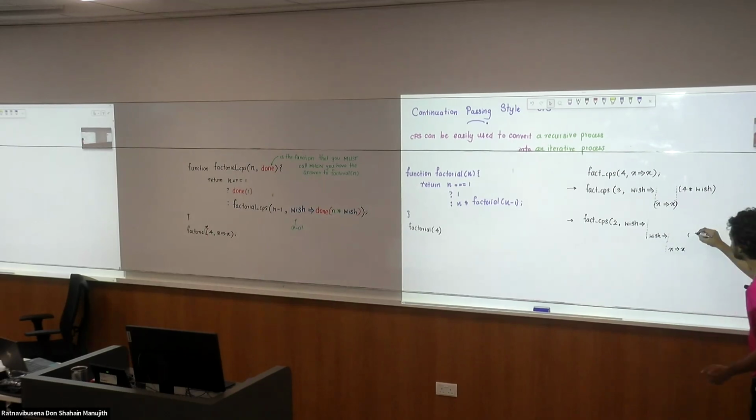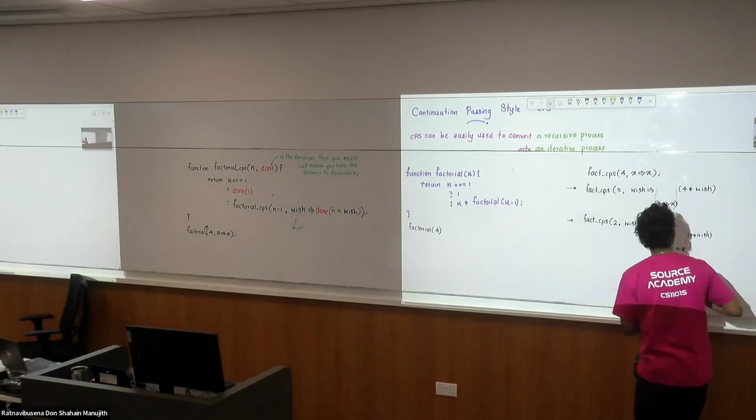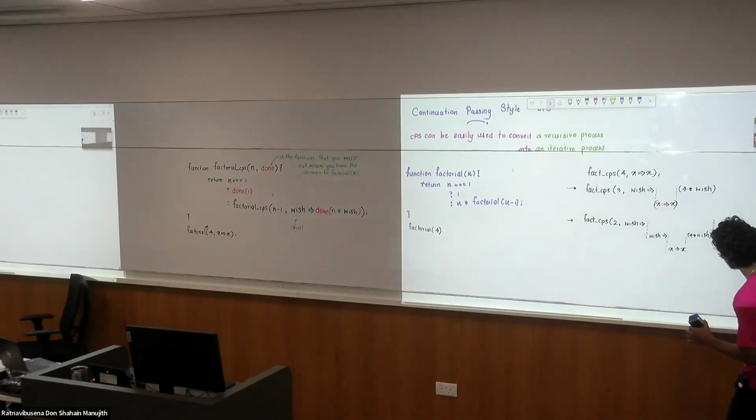Here I have 4 times wish, and what should I put here? 3 times wish. Is that okay until now? Is that okay to everyone?